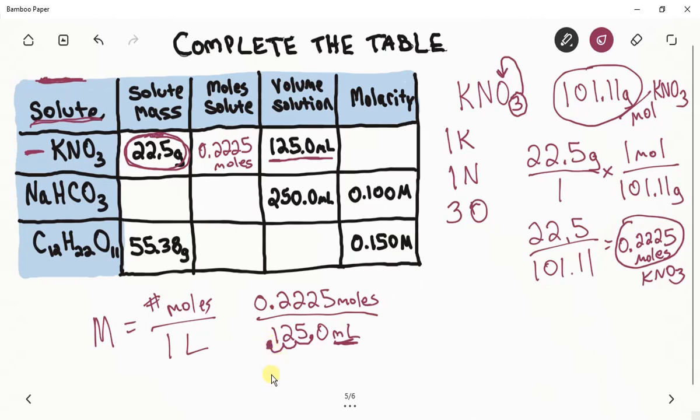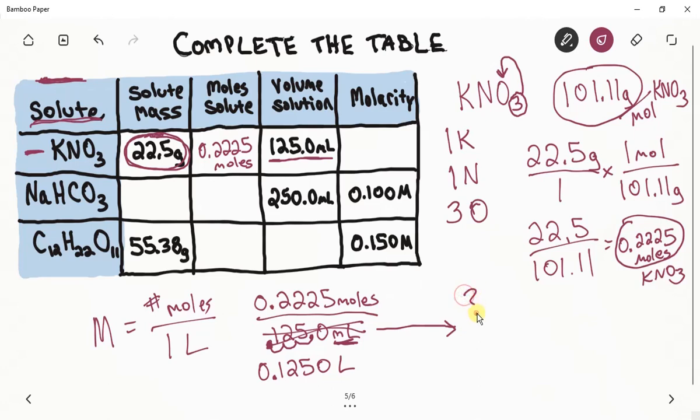So that gives us 0.1250 liters instead of this milliliters business. So now we need to change this 0.2225 moles over 0.1250 liters. We need to find the molarity.